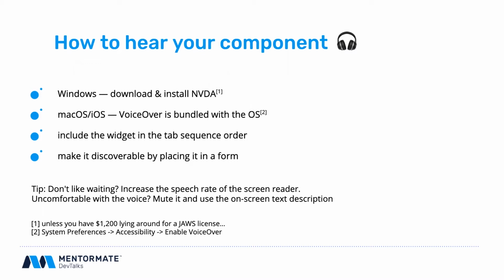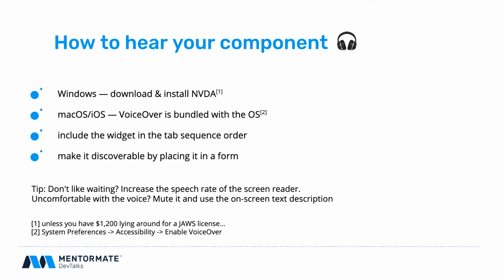So the browser most likely wouldn't do most of the job for you. You would have to do it yourself. And that includes having the widget in the tab sequence order. That's what I'm talking about, having a tabindex of 0 in a specific place. And also you should make it discoverable by placing it in a form.